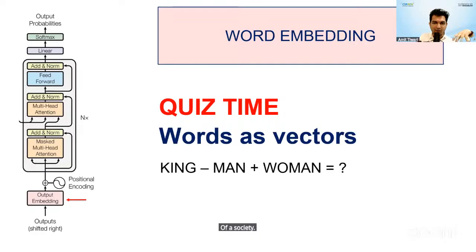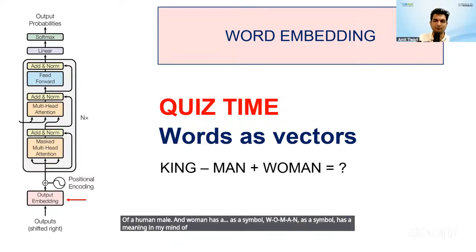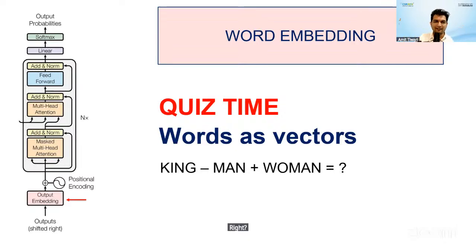And man, as a symbol, has a meaning in my mind of a human male. And woman, as a symbol, has a meaning of a human female, right? So if I say a leader of a society minus male, that will just become a position. And if I add a woman to that position, it will become queen, right?